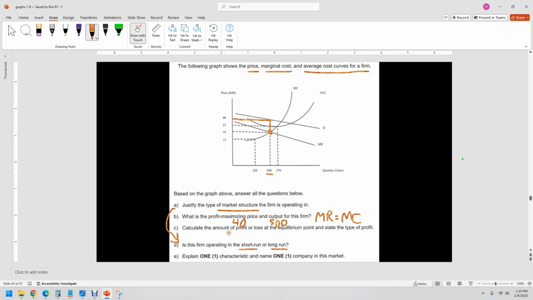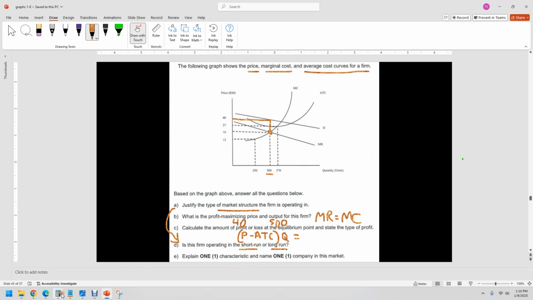The amount of profit or loss. The way I would rather do this is a little bit less math. If you calculate price minus average total cost, that's the per unit profit or loss, but in this case it's profit. Multiply that by quantity, you get a much smoother answer. You can calculate total revenue and then total cost, but we're going to just take the difference.